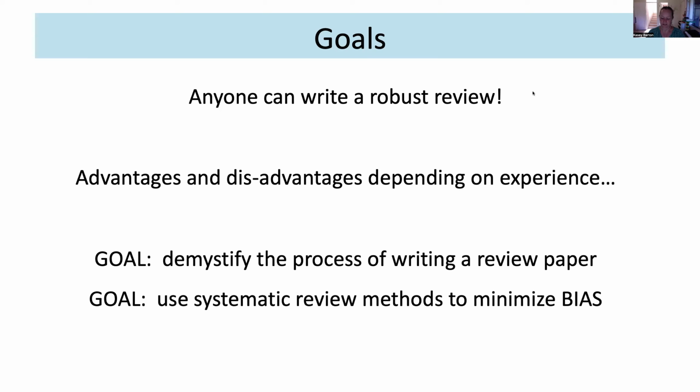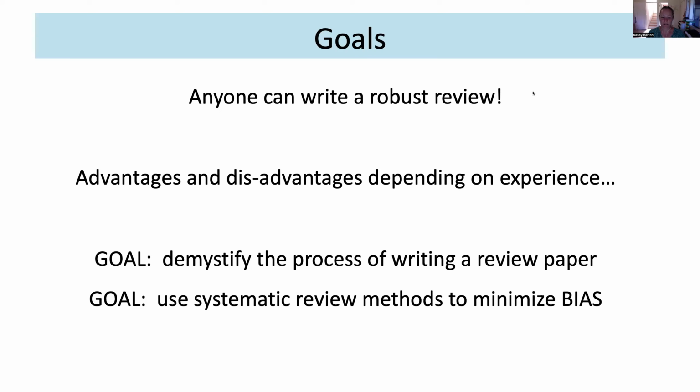And our goal here is to really demystify the process of how we should approach writing reviews, and in particular to highlight the value of taking systematic review approaches, because those help us overcome both bias and a lack of familiarity with a field.